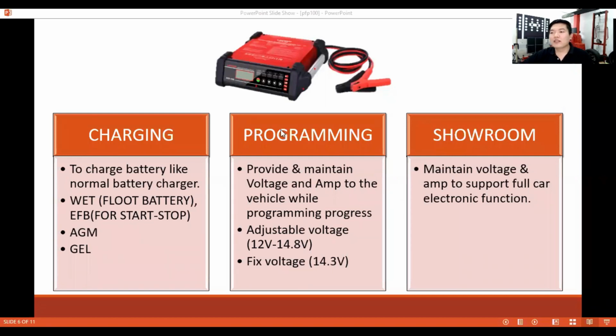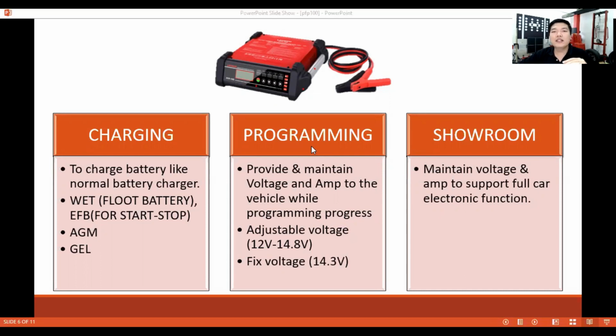The second one is programming. This is the main purpose of this programming flash power. It will maintain the voltage and ampere. A battery charger can maintain voltage, but when the control module is programming, all the control modules are working and the ampere will drop very fast.